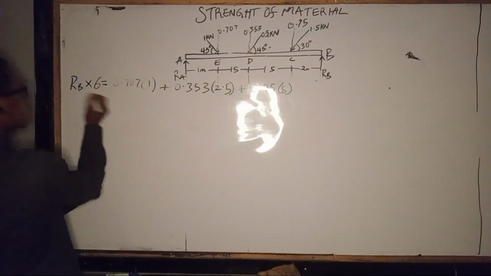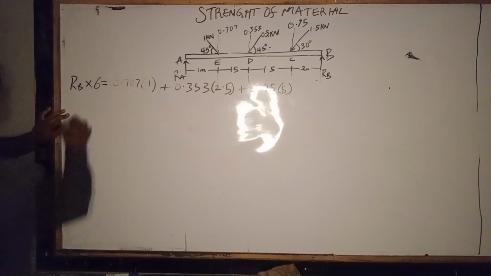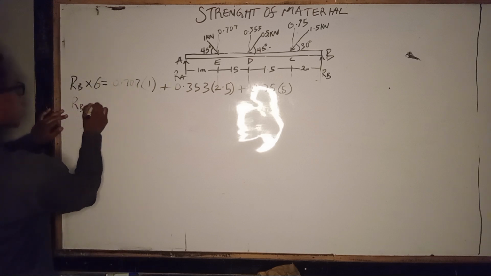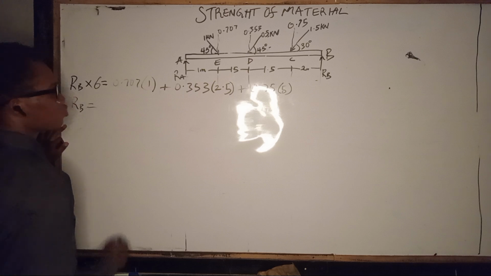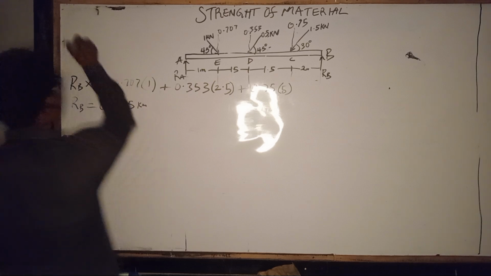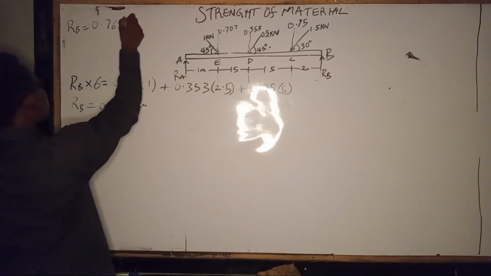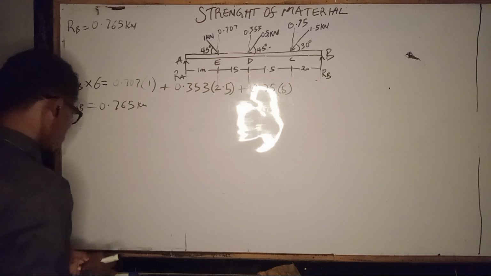So everything divided by 6, when we calculate everything, we are going to get our reaction at B to be equal to 0.765 kilonewtons. So our RB is equal to 0.765 kilonewton.